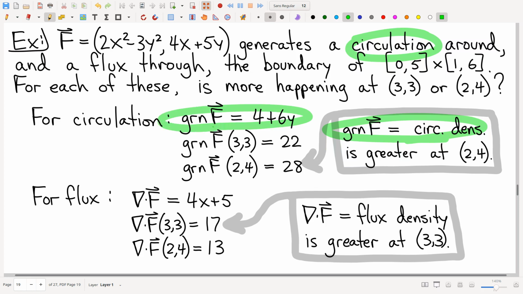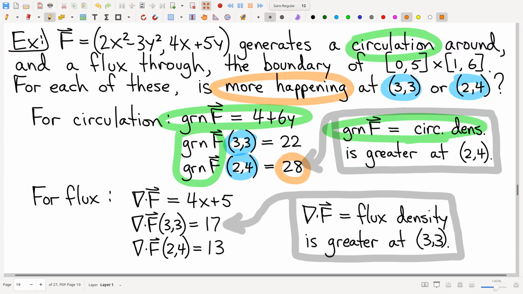Here's Green's operator. You can plug in Green's operator at the 2 points that we're interested in, right? So we're interested in comparing what's happening at 3, 3 with what's happening at 2, 4. So we plug those in, and you want to know where is more of the circulation happening? Well, look at the number that is more. 28 is more than 22.